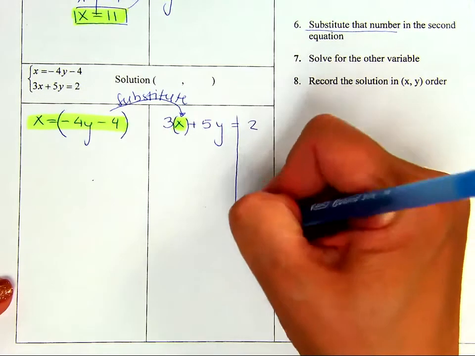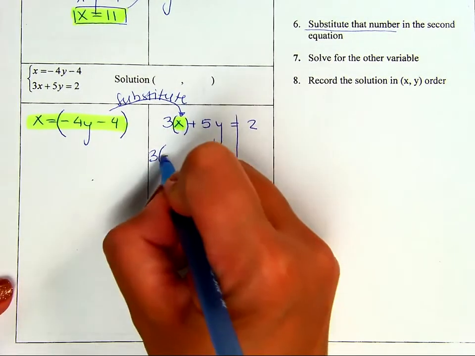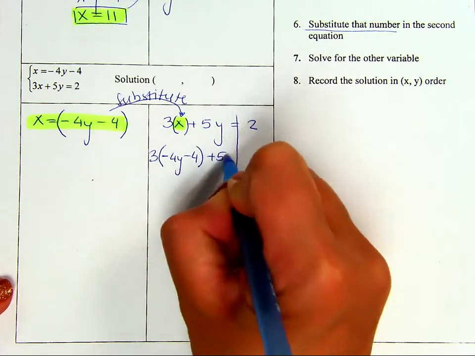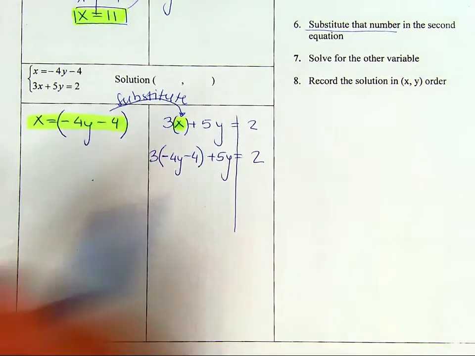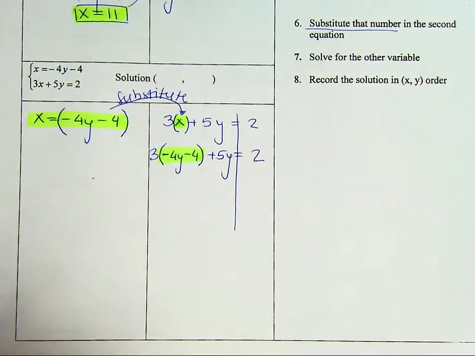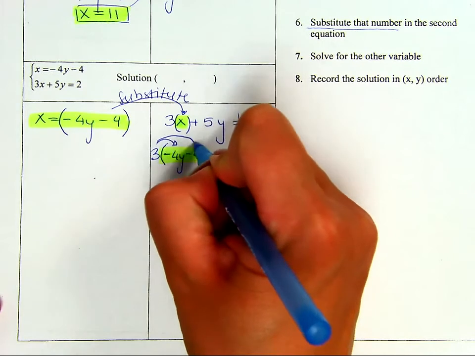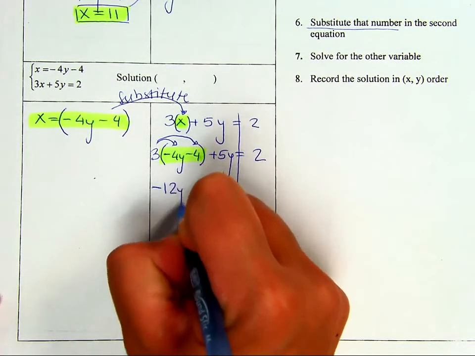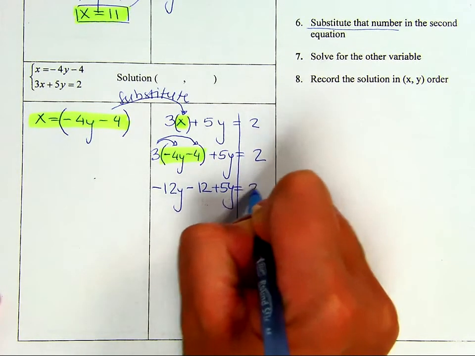You will have now 3, and instead of x, we substitute negative 4y minus 4, plus 5y equals 2. Once the substitution is made, we will have only y in this equation, so we will solve for y using the distributive property: negative 12y minus 12 plus 5y equals 2.